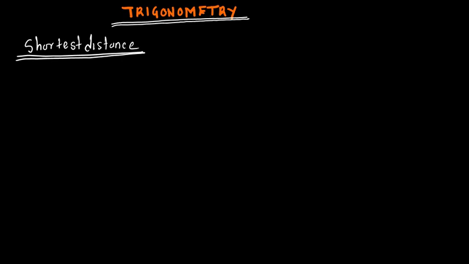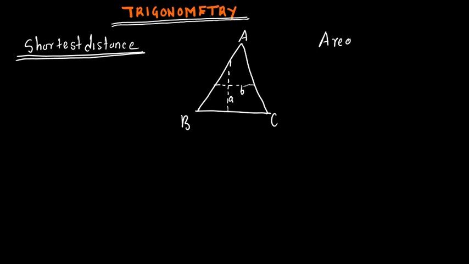If you are given a triangle ABC, the shortest distance might be this particular distance, or whichever distance is given. But to calculate the shortest distance, you first need to learn how to calculate the area of a triangle.